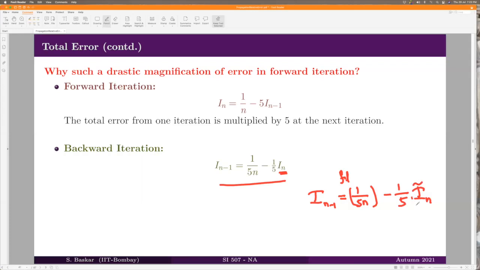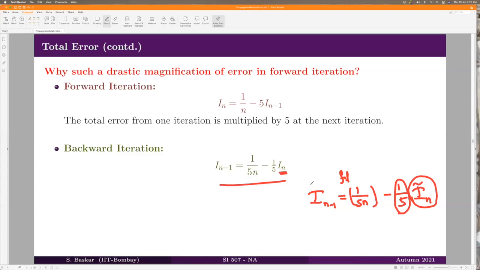So whatever error you carried over from the previous step, 1/5 of that error only is getting included into the calculation of I(n-1).